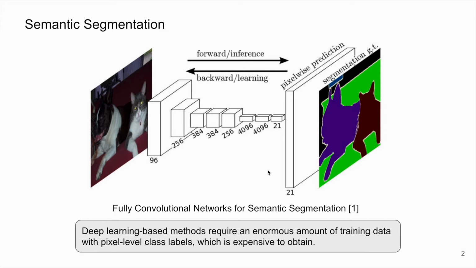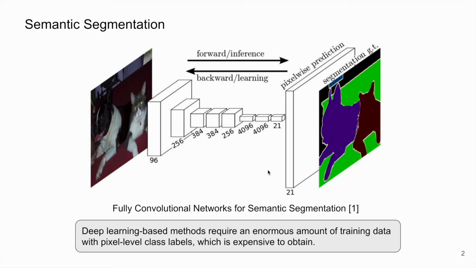Semantic segmentation is a fundamental computer vision task that assigns each pixel a class label. Deep learning-based approaches can achieve superior performance on this task. However, they require an enormous amount of training data with pixel-level class labels, which is costly and expensive.